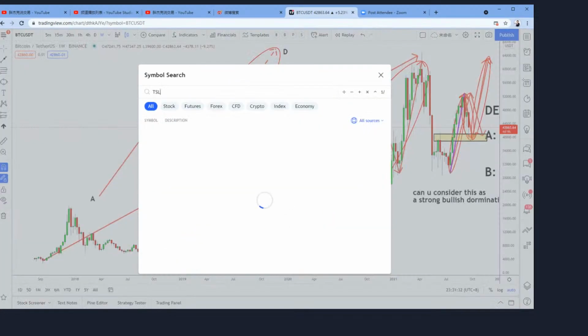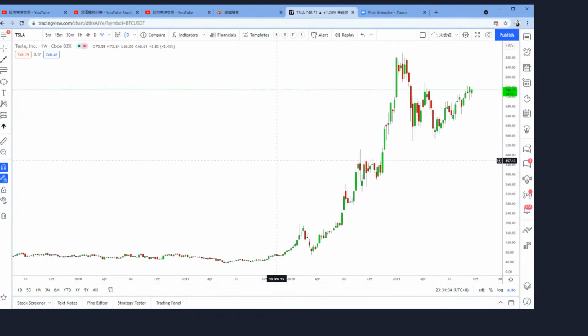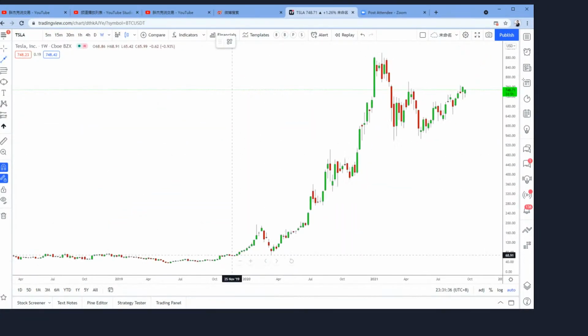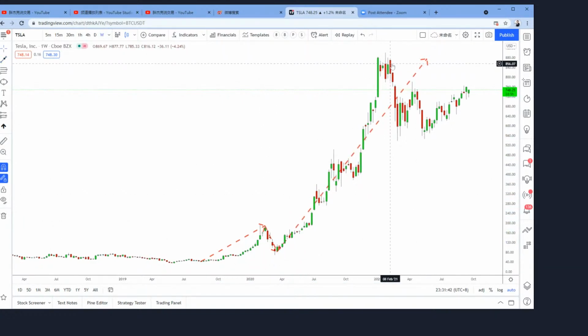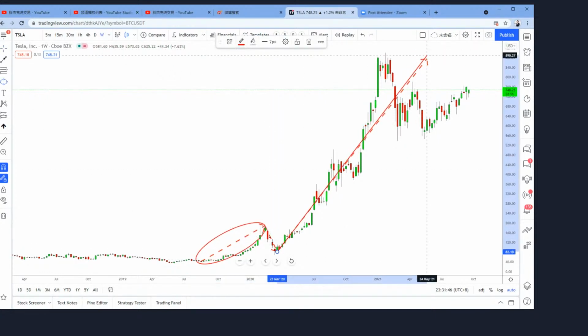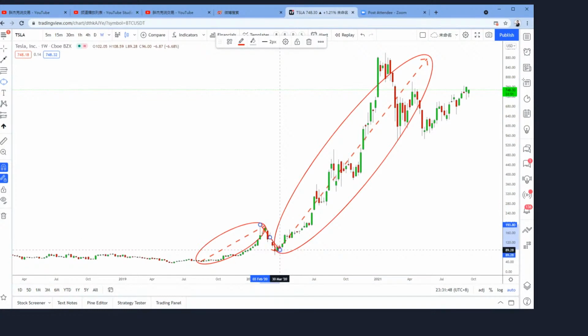Look at Tesla. If you never believe this pattern, will you hold the price at 82 when it just shoots to 800? Tell me, is it simple like that? A rally followed by a small correction, didn't break a new low, and then boom, it just flies.